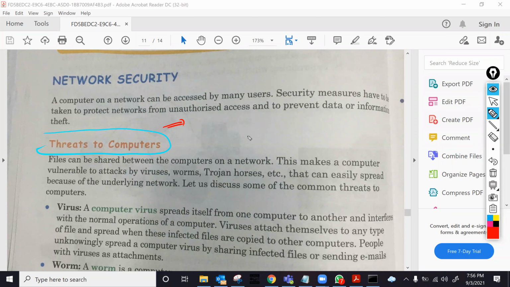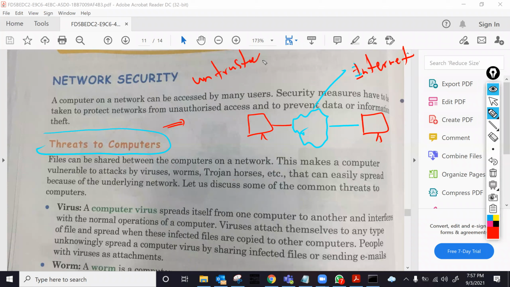It's like this: your computer here, your computer here, and we have the internet in the middle. We know that the internet is not a trusted network. Normally we say the internet is an untrusted network.